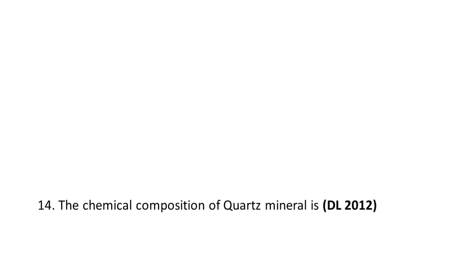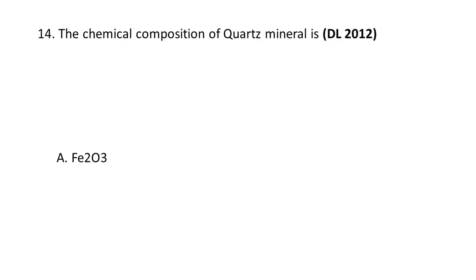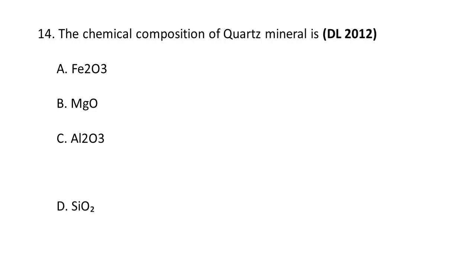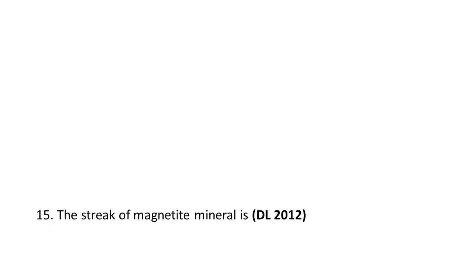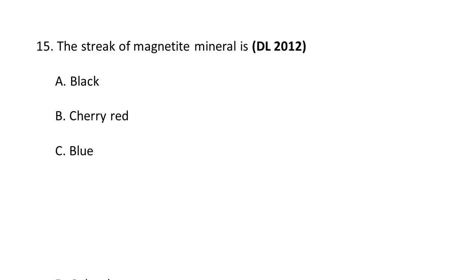Next question. The chemical composition of quartz mineral is A. Fe2O3, B. MgO, C. Al2O3, D. SiO2. So very simple, the chemical composition of quartz is SiO2. D is the correct option. Next question. The streak of magnetite mineral is A. black, B. cherry red, C. blue and D. colorless.